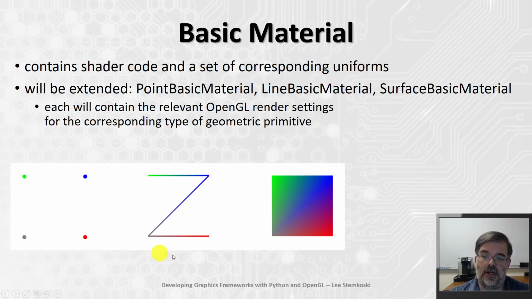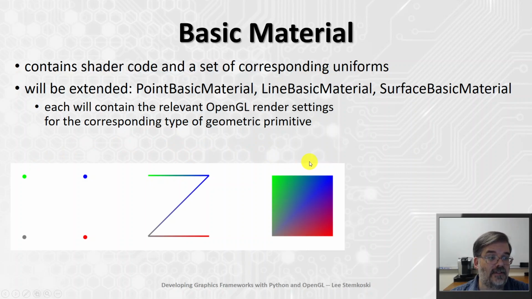In the middle is a rendering with a line basic material, and the right is a rendering with a surface basic material. And notice the nice gradient shading. That always happens whenever data is interpolated from vertices. And these extensions of the extension are going to contain the specific OpenGL render settings we need for each of these different primitive types.